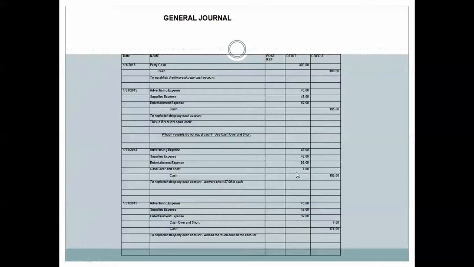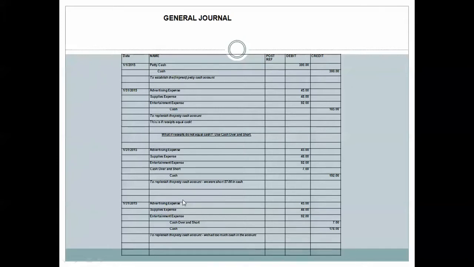If any of you have worked around cash registers, you know that your registers are some days over, some days short, and so this could also be true of cash registers. So the important detail here is, if the cash in your petty cash account is not reflective of the amount of cash you started with minus the receipts, it's going to have to go to cash over and short.